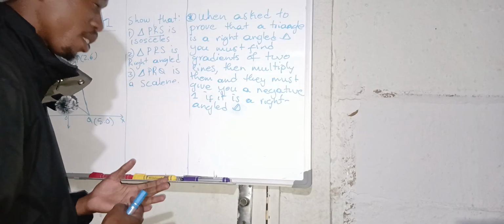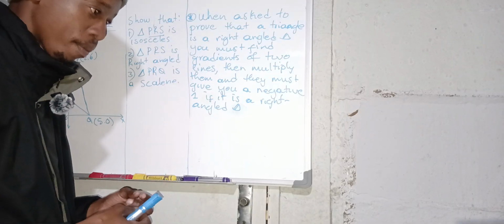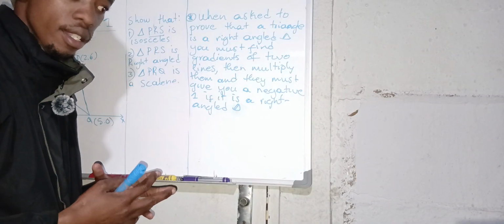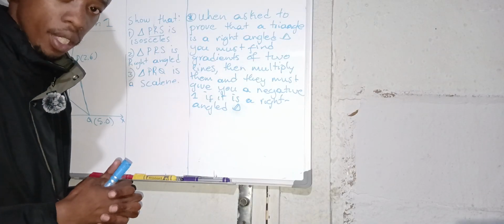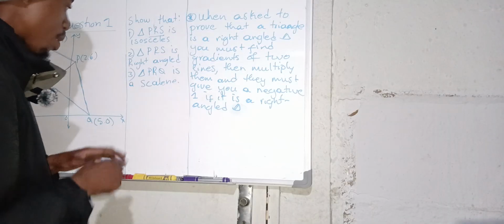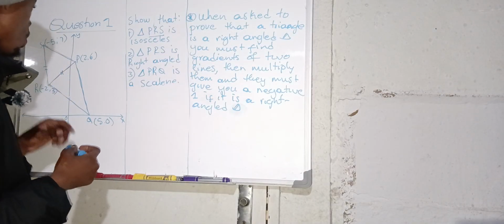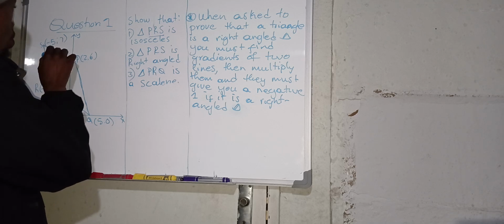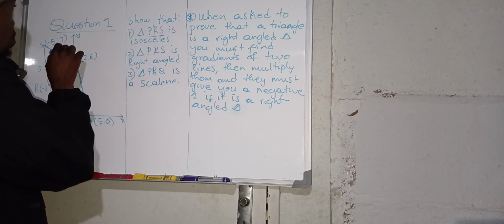The second method is for you to find their distances, and then after finding their distances, you square them like you do with the Pythagoras theorem. For example, we found that the distance here is 5, here is 5, here is 5 root 2.